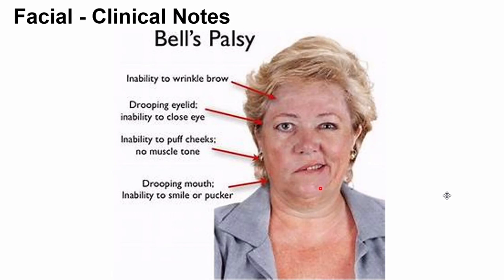You cannot whistle because the orbicularis oris on that side is paralyzed. You cannot give a good pouting. Probably you cannot kiss. Since this is paralyzed, the corner of the mouth is displaced or partially open, so food and saliva can drip here. There can be drooling of saliva. So that's Bell's palsy.